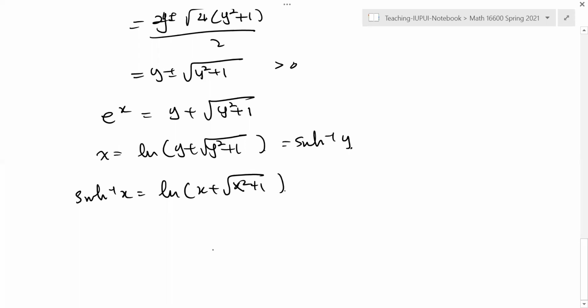You can define the inverse function in this form, no problem, right? So actually, you can express the inverse function in terms of natural log.